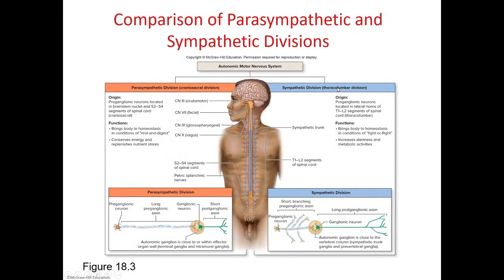All right, so we've seen a lot of this. So the sympathetic division is also called the thoracolumbar nervous system, or the thoracolumbar division of the autonomic nervous system.